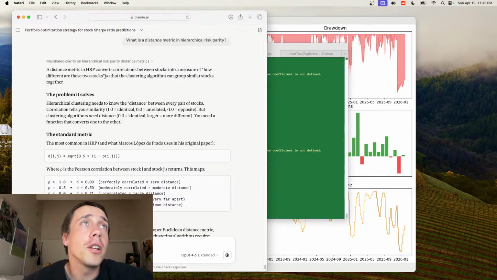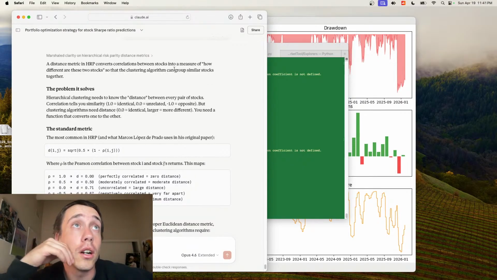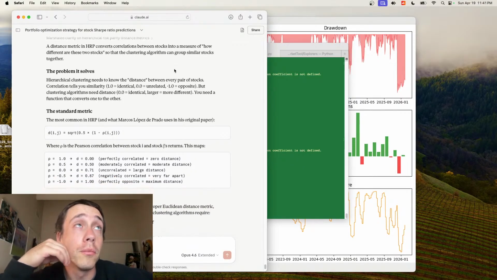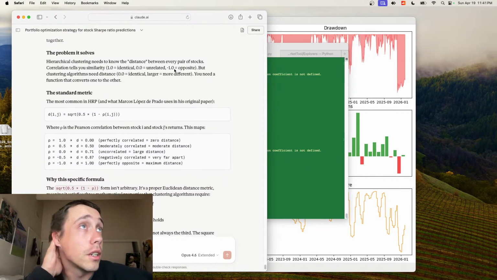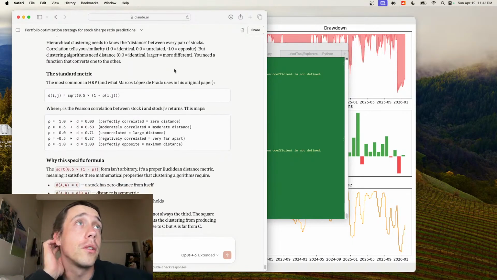So a distance metric in HRP, hierarchical risk parity, converts correlations between stocks into a measure of how different these two stocks are, so that the clustering algorithm can group similar stocks together. The problem it solves: hierarchical clustering needs to know the distance between every pair of stocks. Correlation tells you similarity, but clustering algorithms need distance.